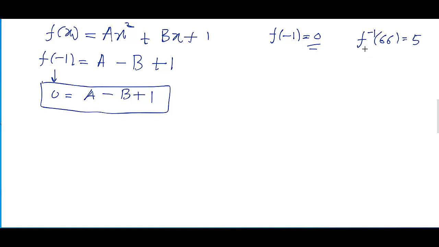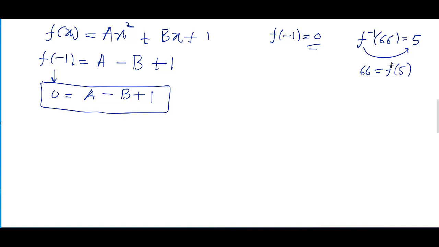If we bring this f inverse to the other side, it will become f. So let me bring this f inverse over here. It will become 66, and this f inverse will become just f of 5. Okay, let me explain again. If we bring this f inverse to the other side, it will become just x.